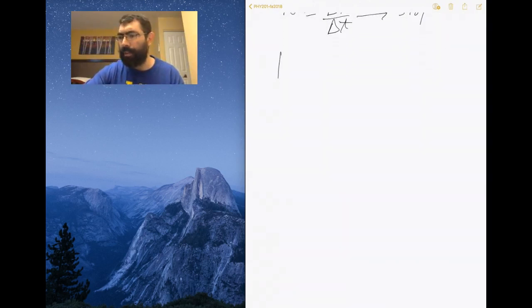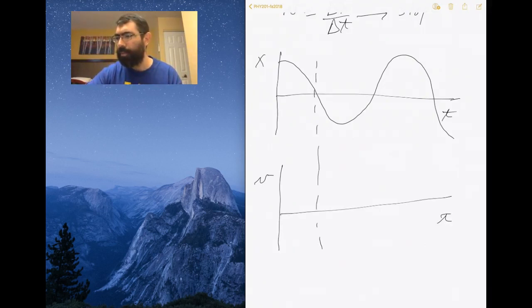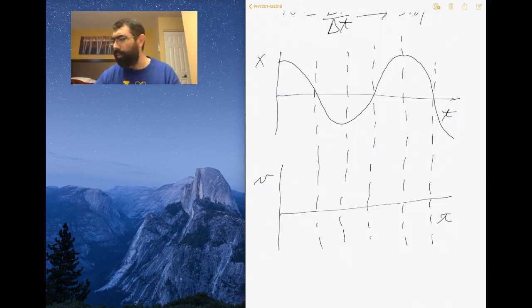And so if I go back and plot my position versus time graph again, and then underneath it I plot a velocity versus time graph, like this. Now what I can do is take the slope at these various points.